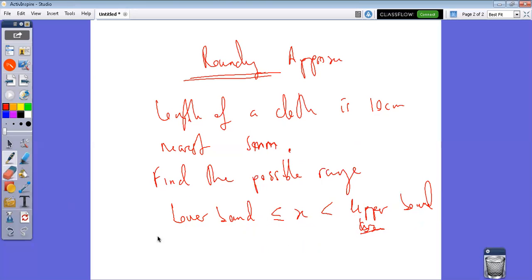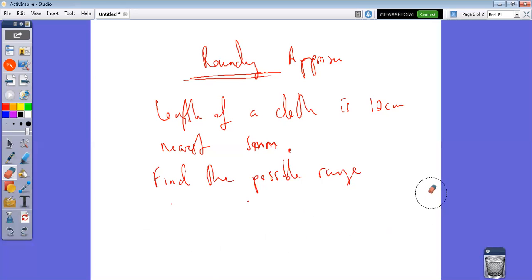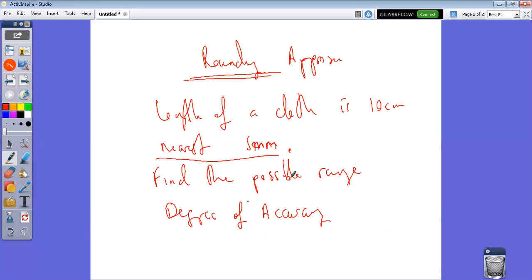Now, to find the lower bound or the upper bound, we find what is known as the degree of accuracy. Degree of accuracy is what we find first. By degree of accuracy, simply look at this: to the nearest 5 millimeters. But my measurement here is in centimeters.